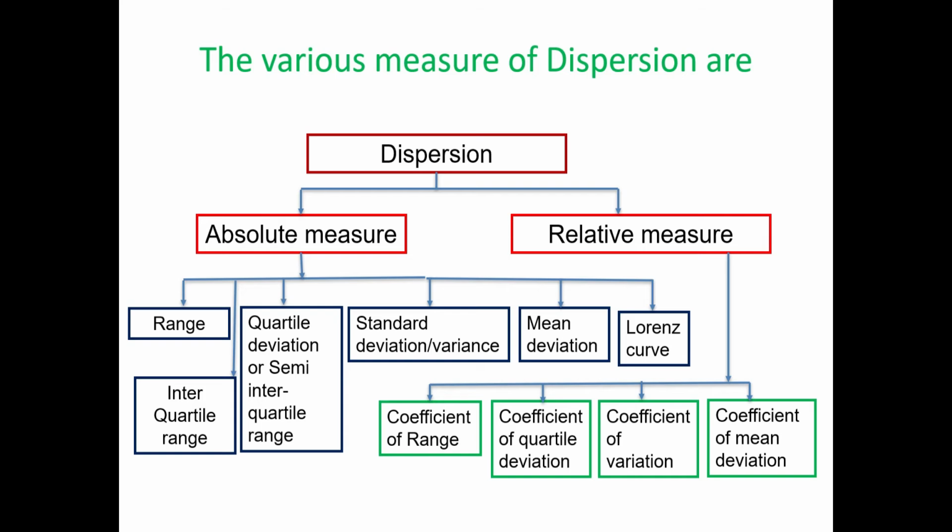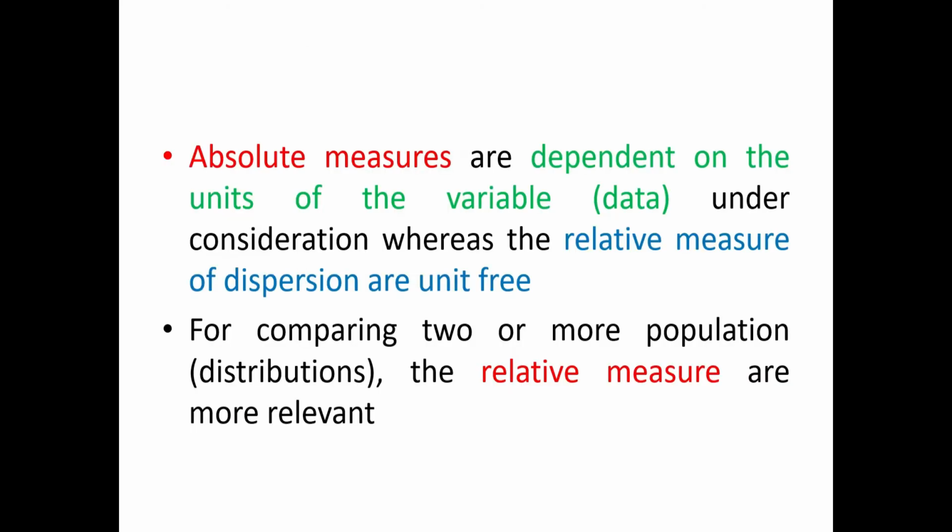In absolute measure, we have range, interquartile range, quartile deviation or semi-interquartile range, standard deviation or variance, mean deviation and Lorenz curve. In relative measure, coefficient of range, coefficient of quartile deviation, coefficient of variation and coefficient of mean deviation. Just see, what do we mean by absolute? Absolute measure depends on the units of the variable we are considering. But relative measure is unit free.